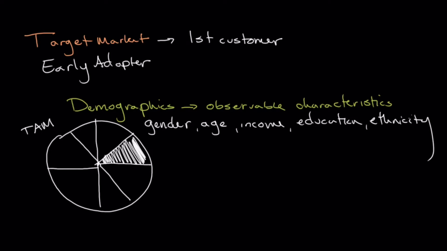The reason why I really like these variables is because you can use government databases, and in the next video we'll walk through how to do this, to determine the percentage of people within a market that fit those characteristics. And that can help us better identify how many people within an area would potentially respond to our solution.